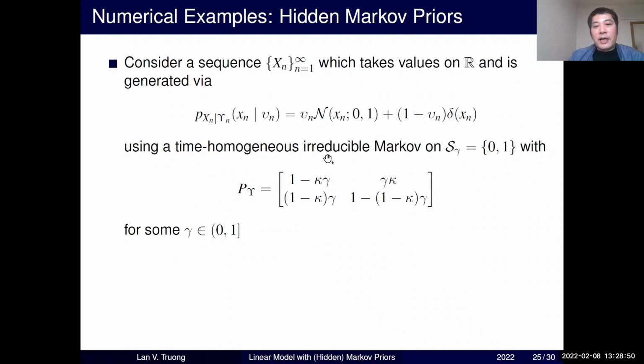Here is the stochastic matrix of the Markov chain gamma_n, [1 minus kappa, kappa; gamma, 1 minus gamma], where gamma and kappa we can choose. As I mentioned before, x_n can take the value 0 with probability 1 minus V_n, so the sequence x_n is sparse.